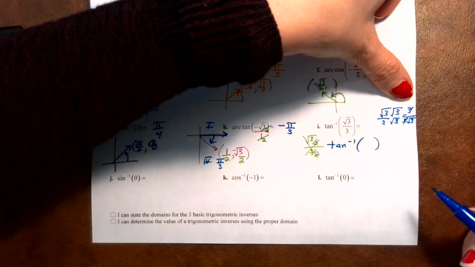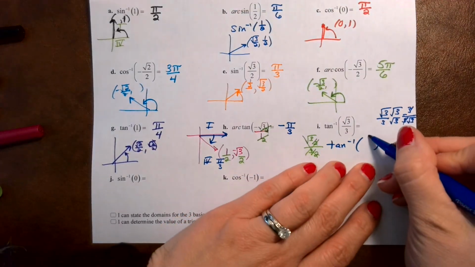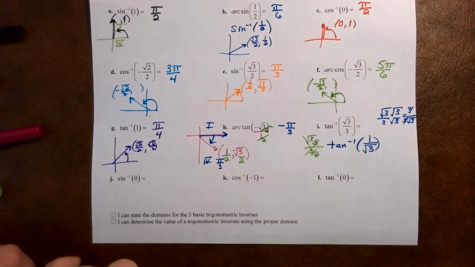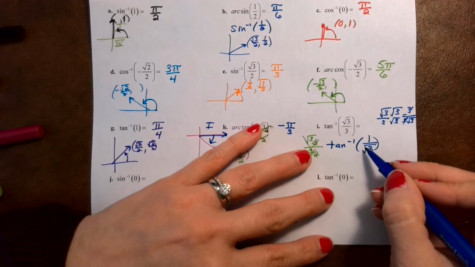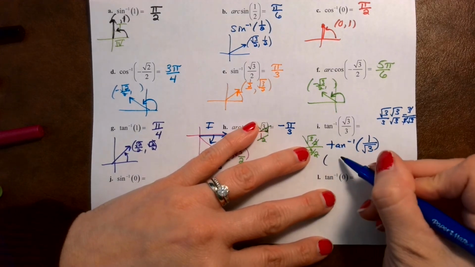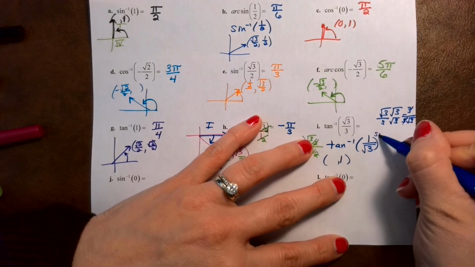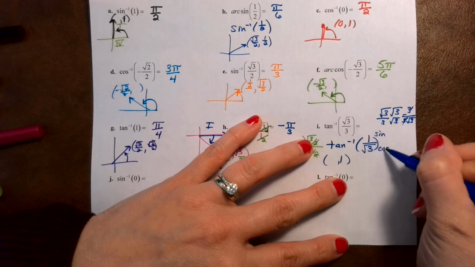Then the 3's cancel. Oh, that's right. This is probably 1 divided by radical 3. So I'm trying to think, where on the unit circle do we have sine over cosine?